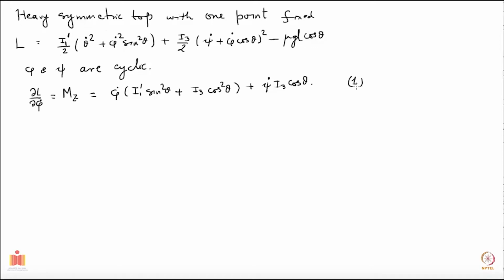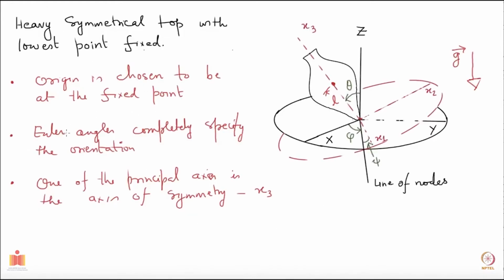Now psi is also cyclic, so del L over del psi dot will be a constant. Here Mz is a constant. And what is del L over del psi dot? Let's go back. This rotation psi was happening about the x3 axis.